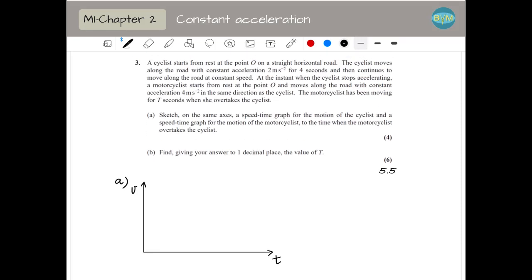So the cyclist, when t is 0, starts from rest. So it's going to start here and accelerates for 4 seconds at 2 meters per second squared.